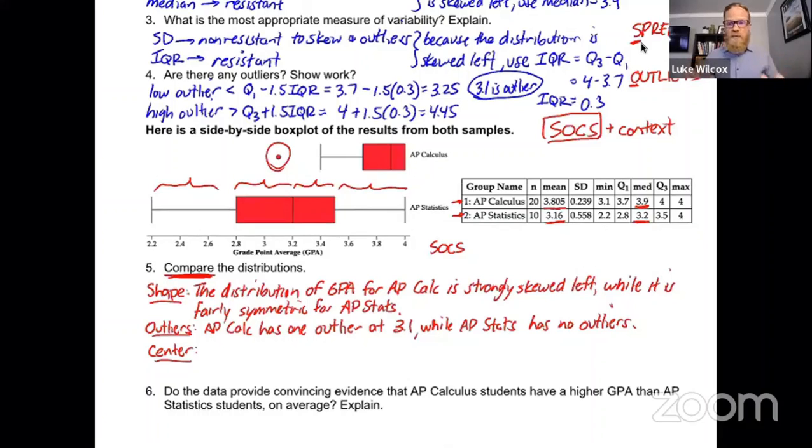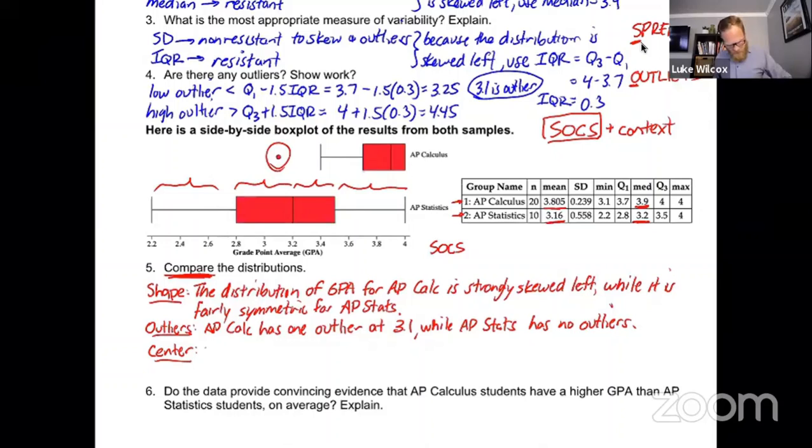Now, the important thing here is that we are trying to compare the centers, which does not mean that we need to actually list the values of each one. We have to make some sort of comparative statement between the center of AP Calc and the center of AP Stats. And very clearly, the center is higher for AP Calculus students than for AP Statistics students in these samples.